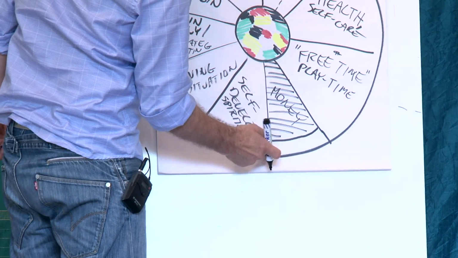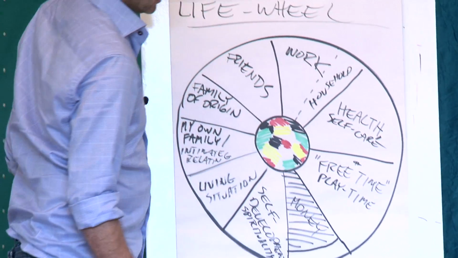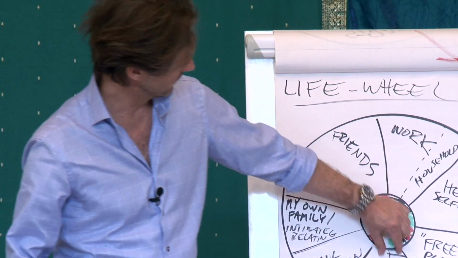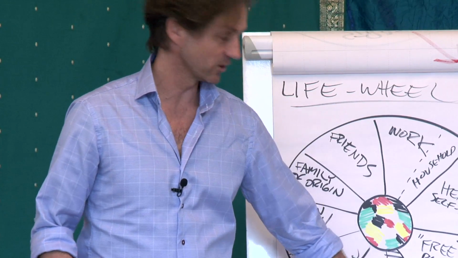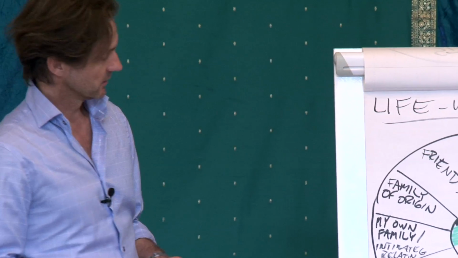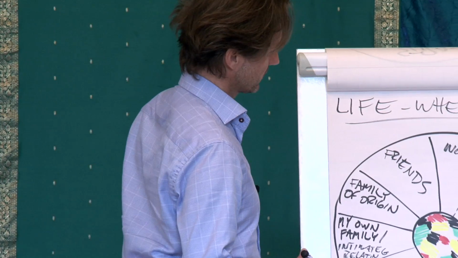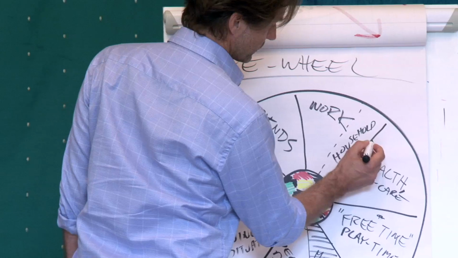So 1 here, 10 here. So I give it a 9, and then I fill my cake with my satisfaction, and this is the potential for more satisfaction. And then I ask, how about my health? Yeah, I'm pretty satisfied with it, but there's even more potential there.